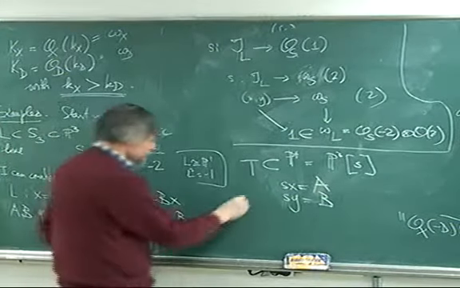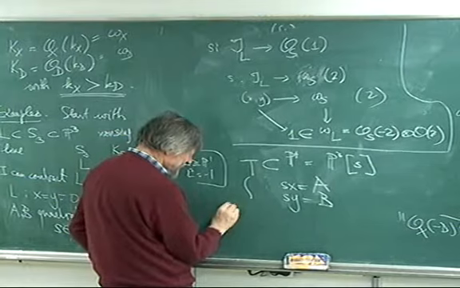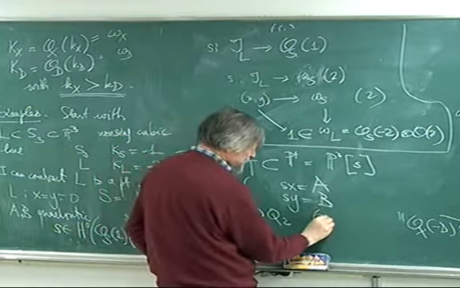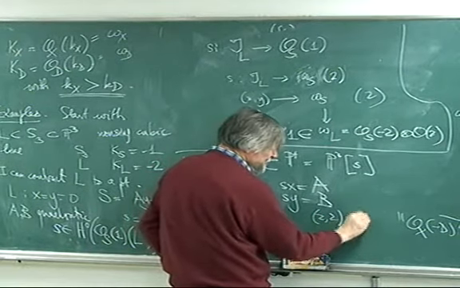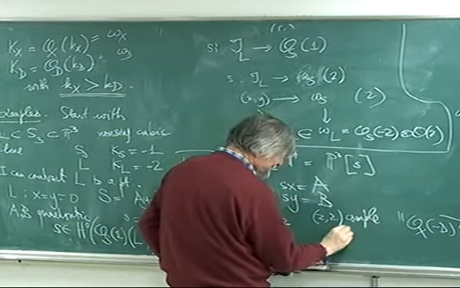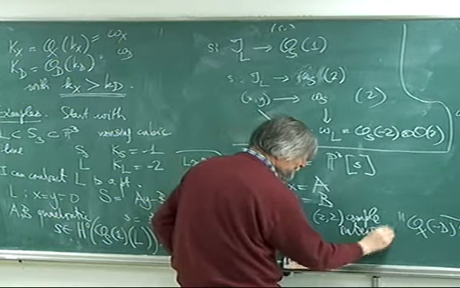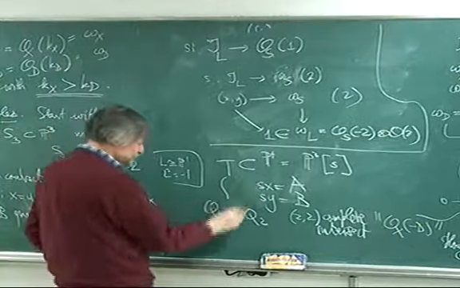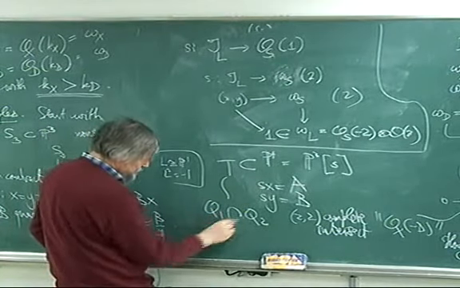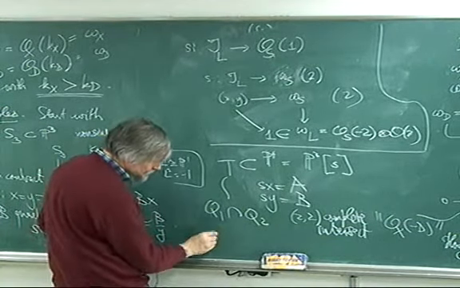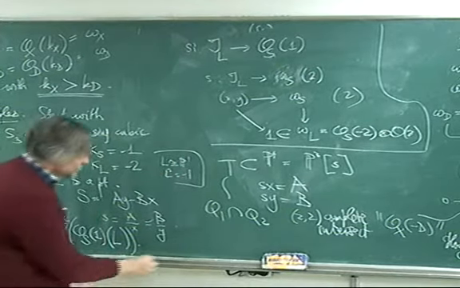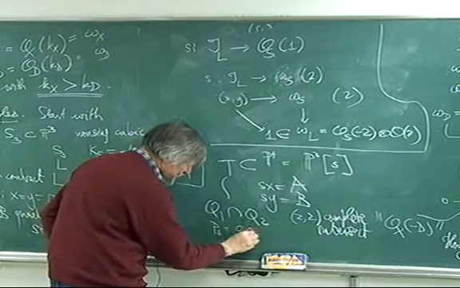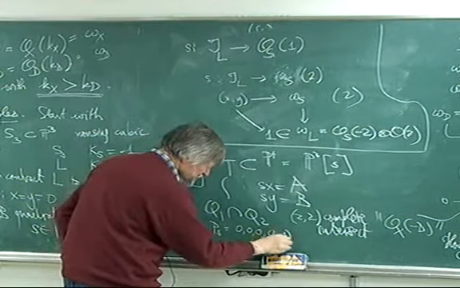Right? So this surface S here is an intersection, Q1 intersect Q2, a complete intersection. Right, and the point P sub S, so this is the point 0, 0, 0, 0, 1.